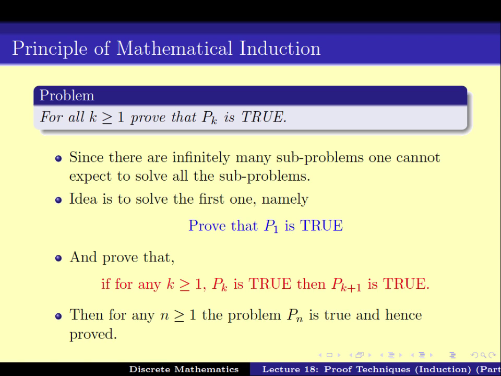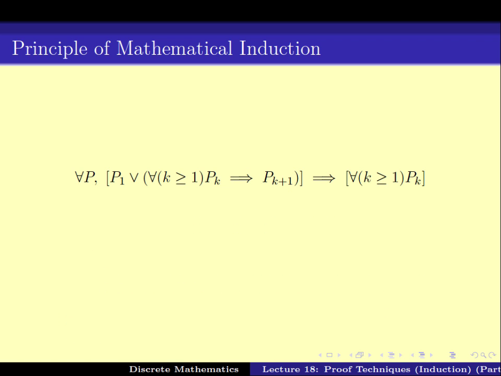Now this is quite acceptable in principle, though to ensure the correctness of this principle, we do have to write a new axiom, which we call the principle of mathematical induction, which states that this way of proving it is a valid proof.